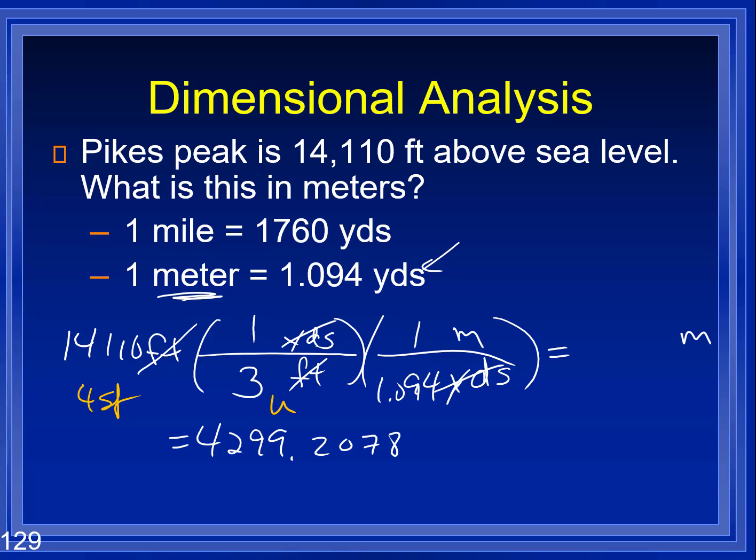Different, so the 1.094 has 4 sig figs. So I've got 4, unlimited, and 4, which is the smallest number? 4, so I should have 4 sig figs in my answer. That's 4,299 meters.